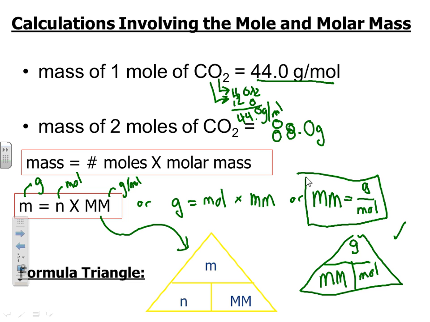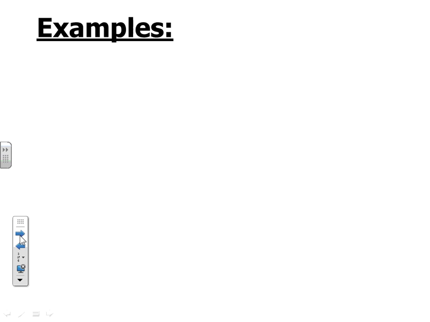Molar mass is equal to the grams divided by the moles, and I can get other versions of the equation using this triangle. So if I want to figure out the moles, I cover up moles. That is equal to grams divided by molar mass. If I want to find grams, I cover it up. Molar mass times moles. Let's do some examples.